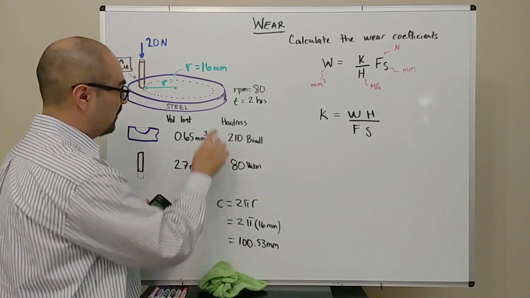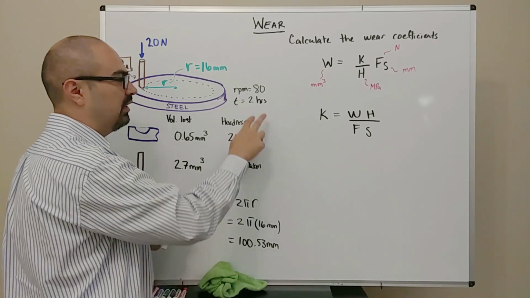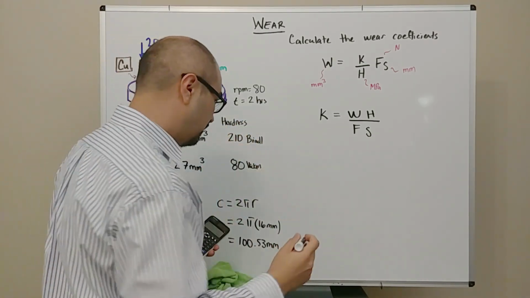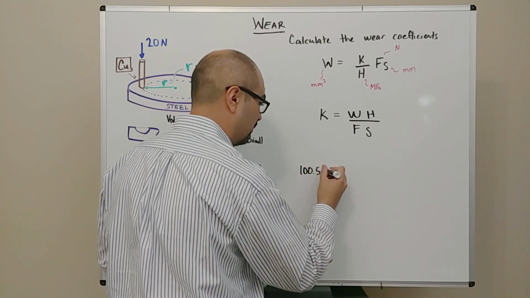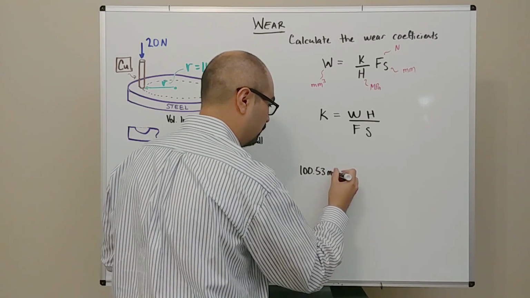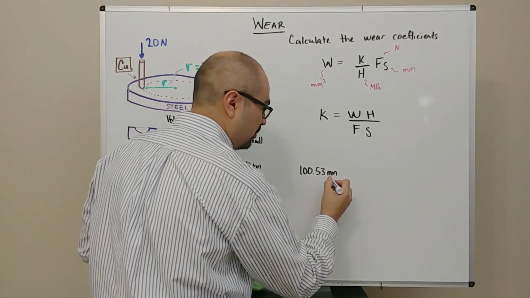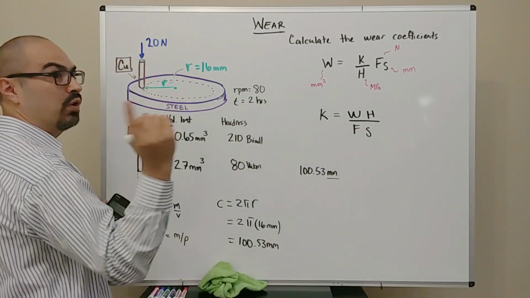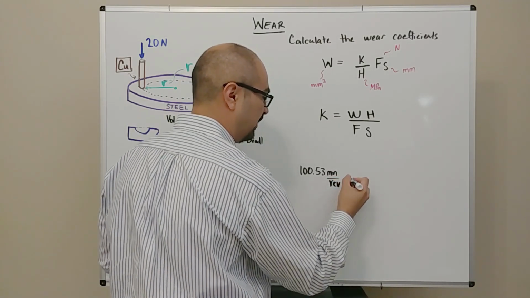Now remember, the disc was rotating at 80 revolutions per minute, and it did so for 2 hours. So we're going to take one circumference, or 100.53 millimeters, right? It was this many millimeters for just one rotation, or better yet, one revolution of the steel disc.